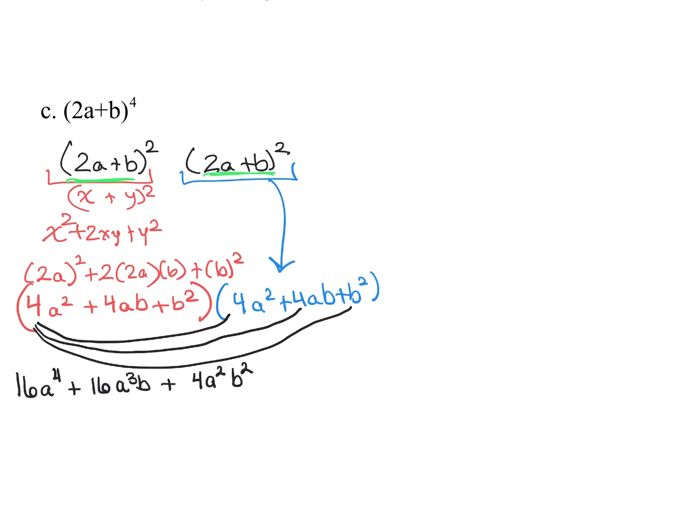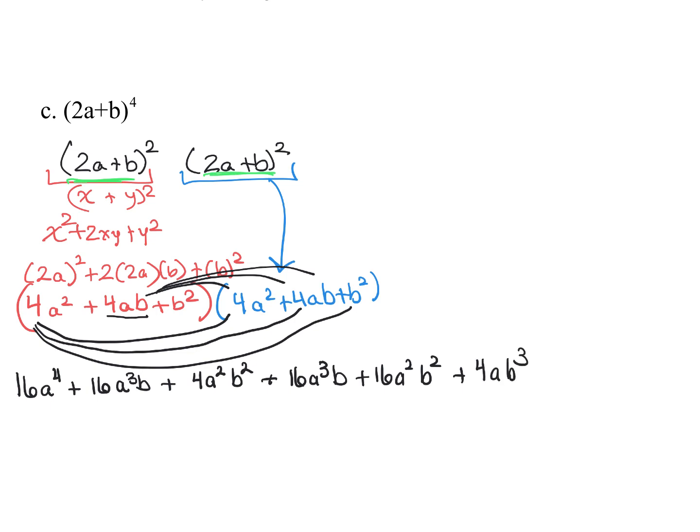I'm going to do this 4a squared to everything in here like this. So you get plus 16a cubed b plus 16a squared b squared plus 4ab cubed.